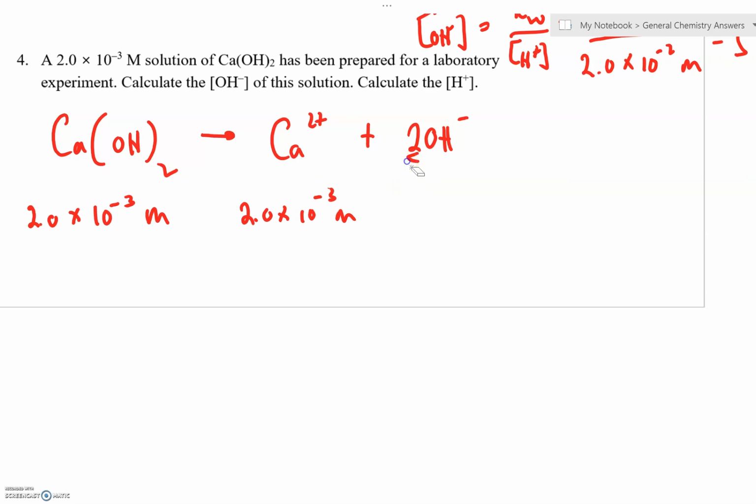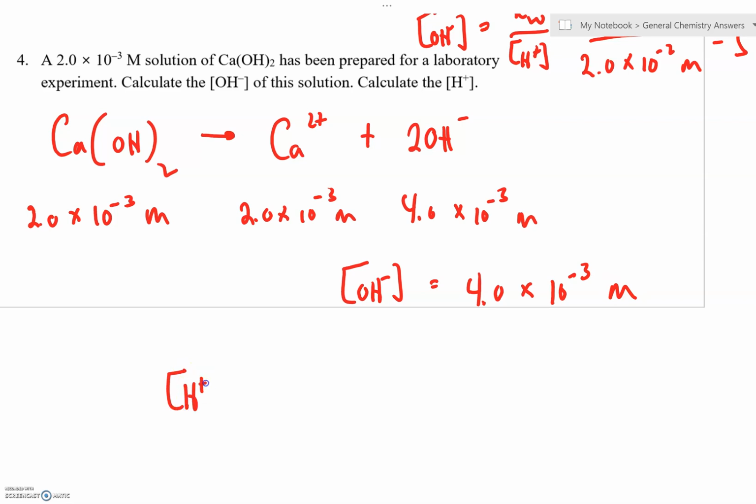That means you're going to get twice as many as our original solution, 4 times 10 to the minus 3rd molar. So what's our hydroxide? 4 times 10 to the minus 3rd molar. Let's get our H plus.